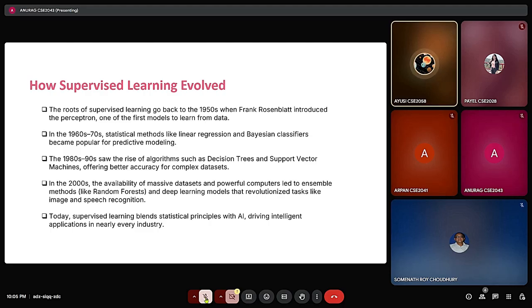In the 1960s to 70s, statistical methods like linear regression and Bayesian classifiers became popular for predictive modeling. And in the 1980s to 90s, we saw the rise of algorithms such as decision trees and support vector machines, also known as SVMs, offering better accuracy for complex datasets.